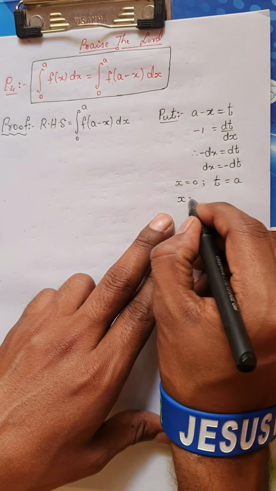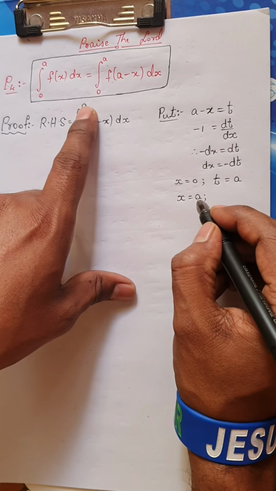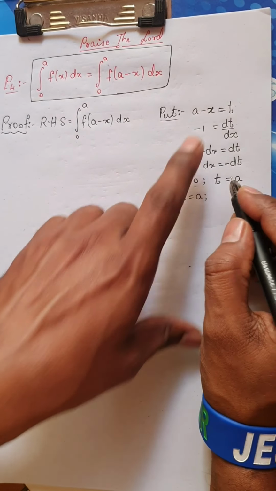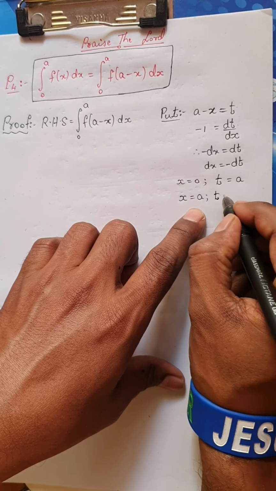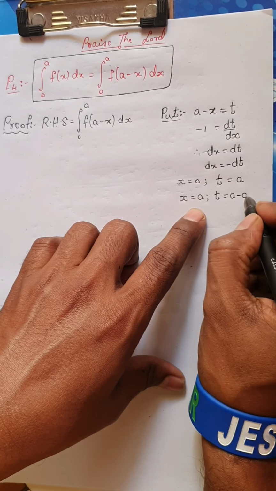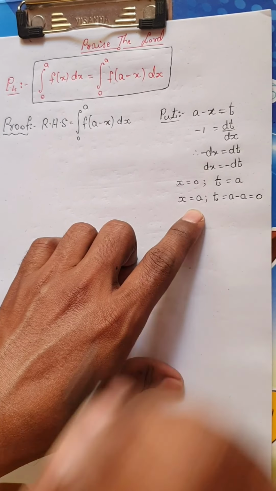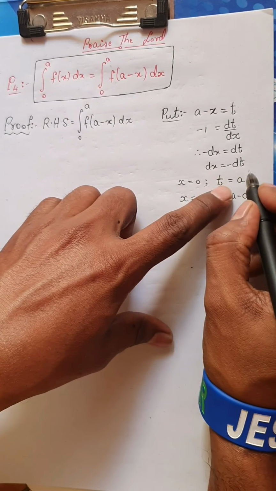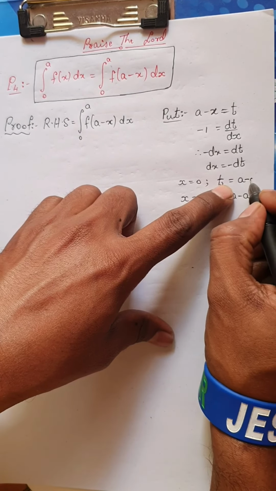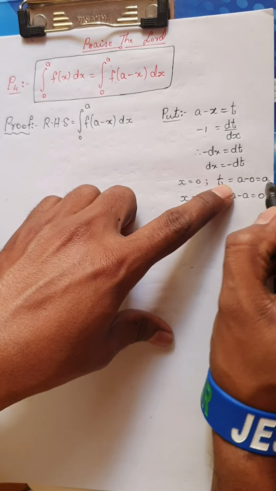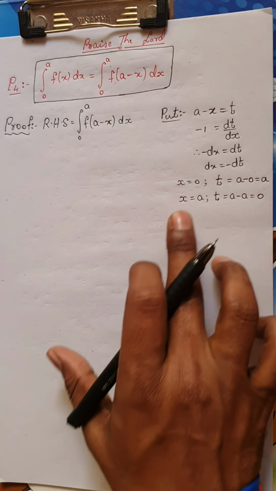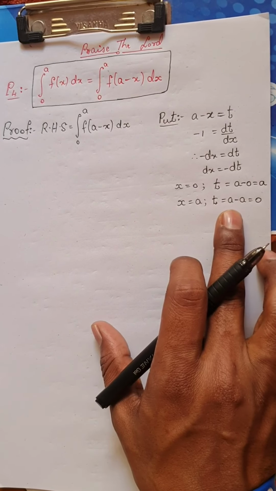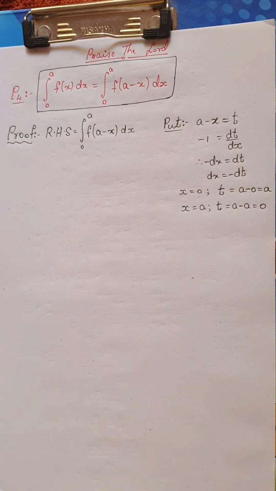Now when x is equal to a, the upper limit, if you put a minus a, t will be nothing but 0. Is it clear? When x is equal to 0, t would be a minus 0, that is nothing but a. Similarly, when x is equal to a, t would be a minus a, that is nothing but 0.